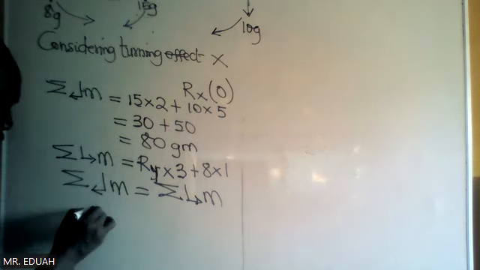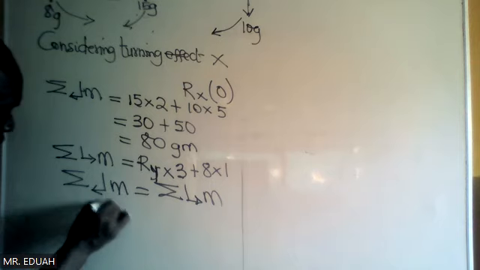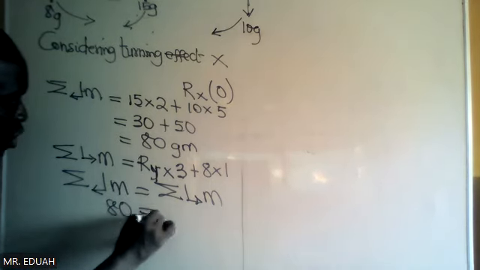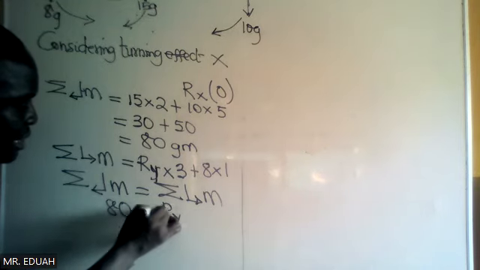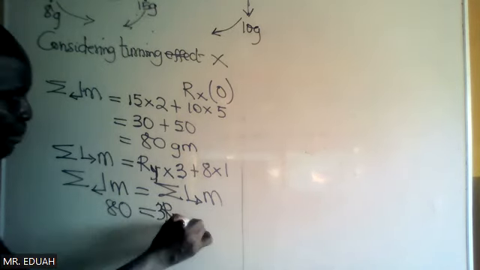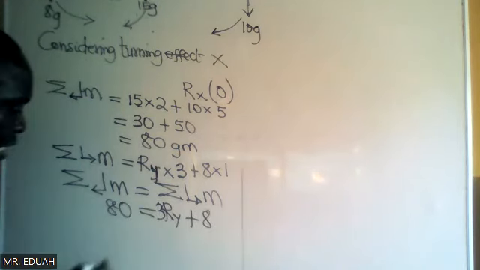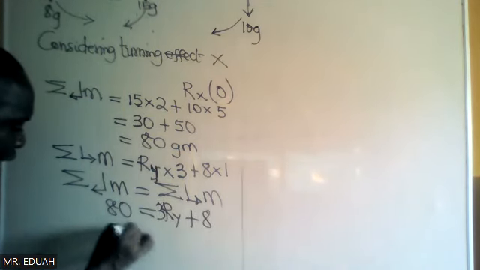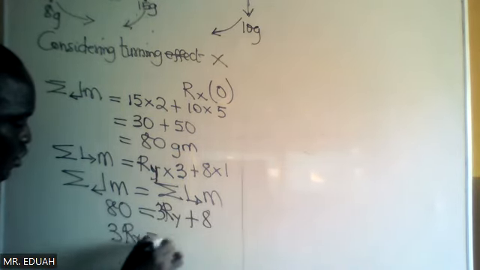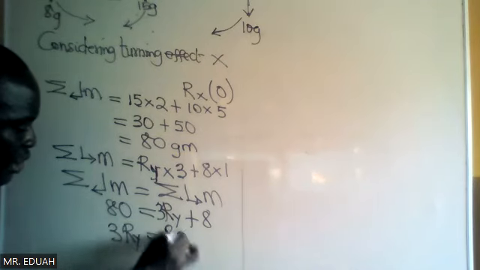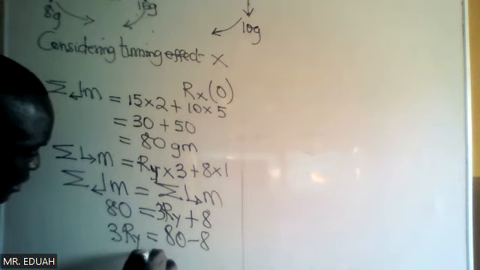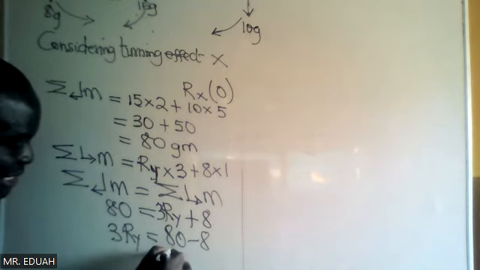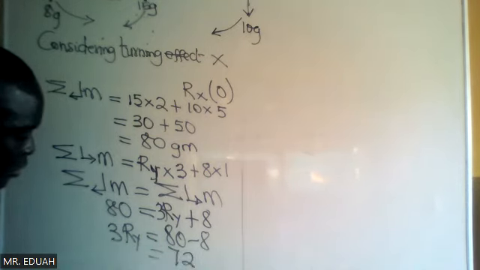So 80 is equal to 3Ry plus 8, giving us 3Ry is equal to 80 minus 8, which is 72.